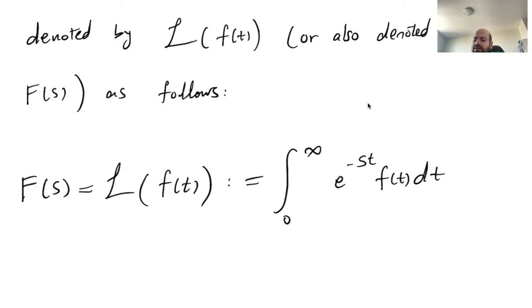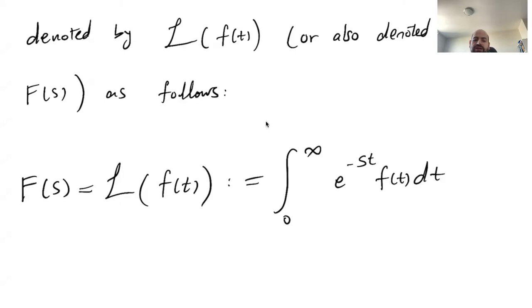If this integral is convergent, see, we have an improper integral on the right-hand side. An integral from 0 to infinity is an improper integral you saw in Math 114. Now, this improper integral could be convergent or divergent.